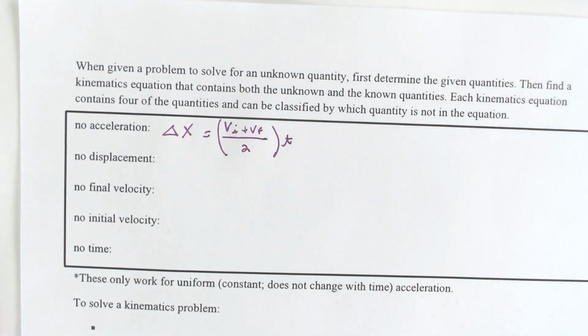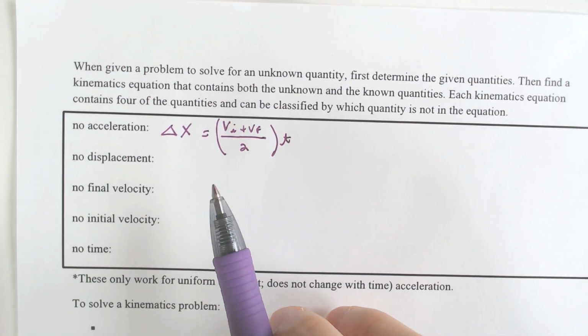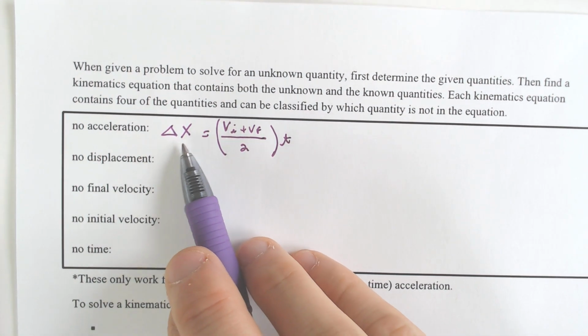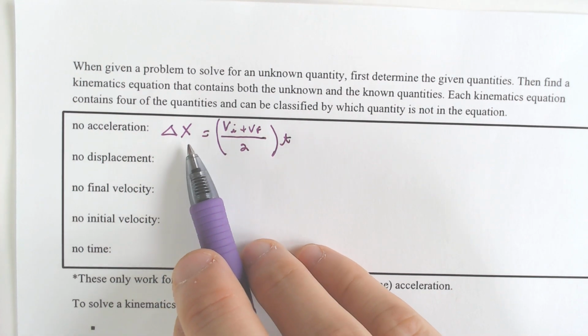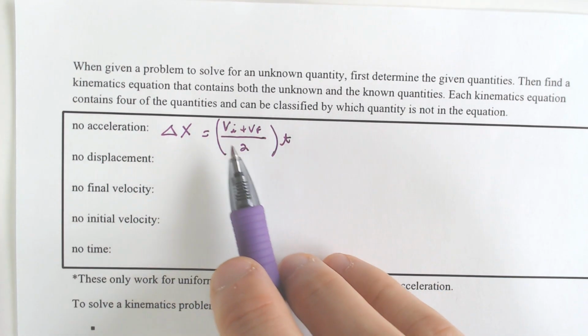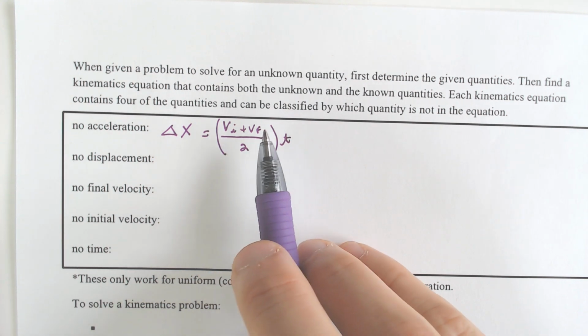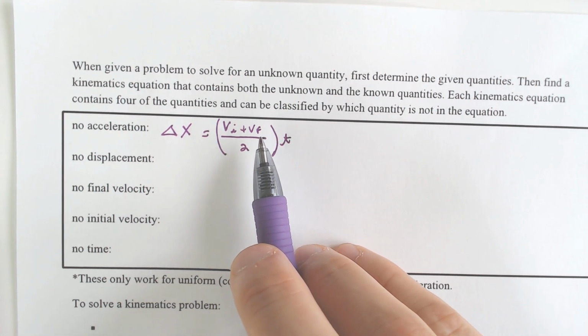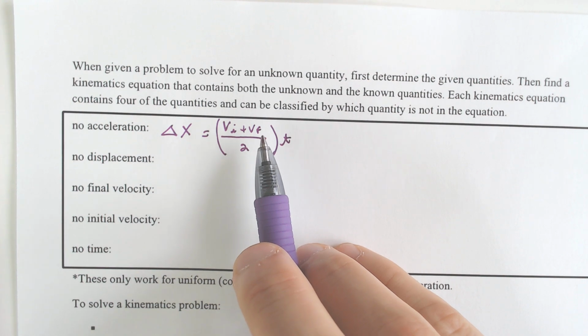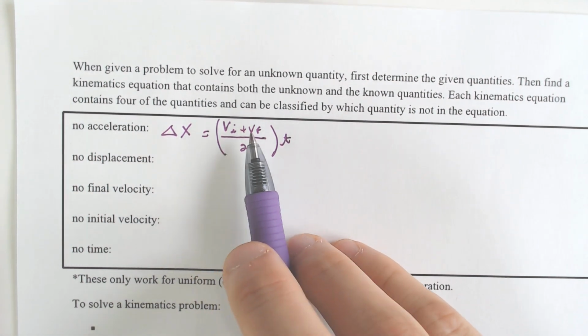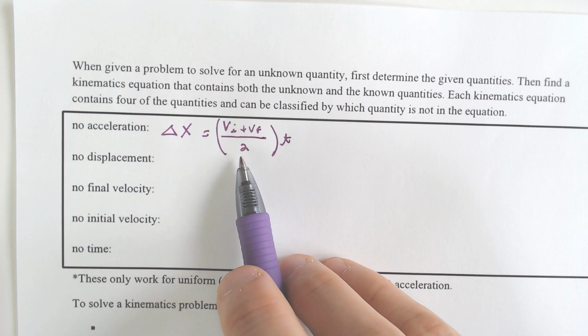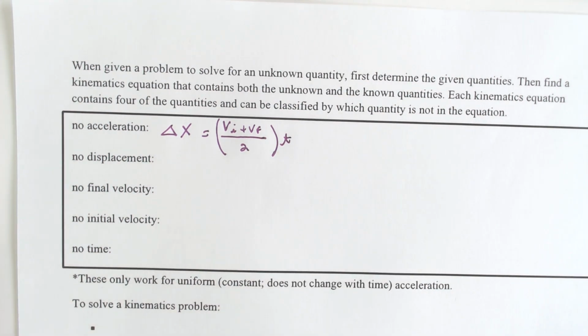That makes sense because if you have no acceleration, the distance you will travel is going to be the average of your velocities. Let's say you started at 0 and your final was 30 meters per second. You would add them up and divide by 2 to get the average, and multiply by the time. That's not that hard to understand. So you take your average velocity and multiply by time.